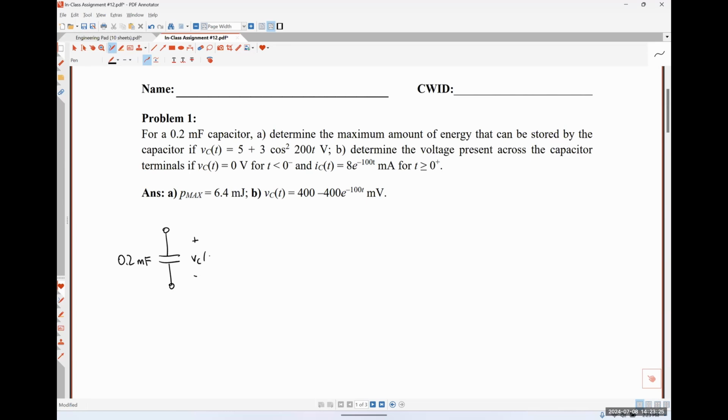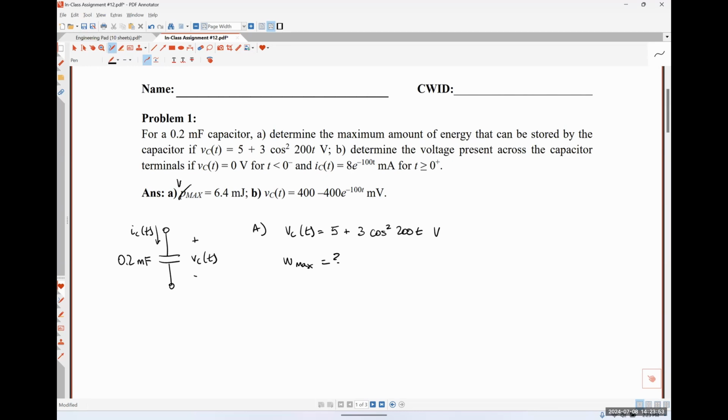So here's our voltage. Here's our current. So in part A, our voltage is 5 plus 3 cosine squared 200t volts, and we want to get the maximum energy.